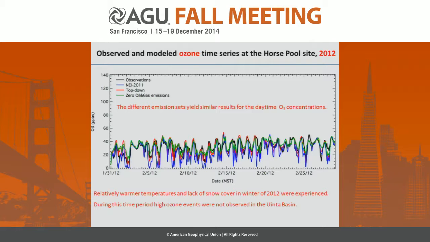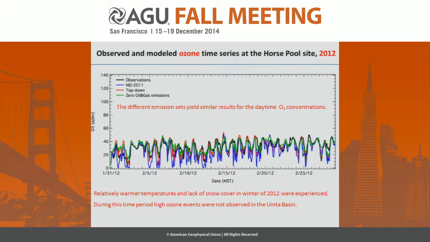And the different model scenarios, where I plotted NEI 11 and top-down, and the case where I removed all the oil and gas emissions from the inventory, all yield very similar ozone mixing ratios for daytime values, basically indicating that during 2012, these emissions don't result in high ozone events because of different meteorology and also lack of snow cover in the area.